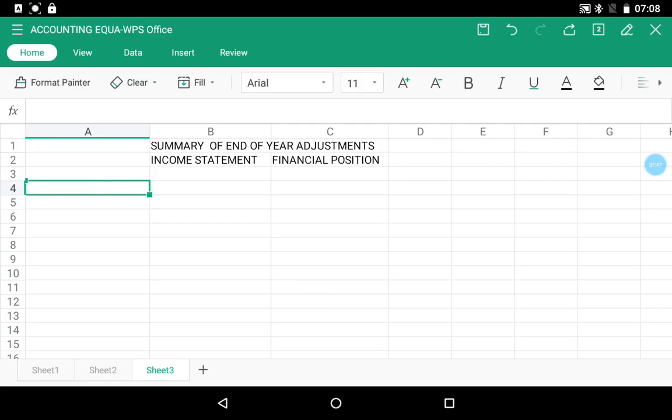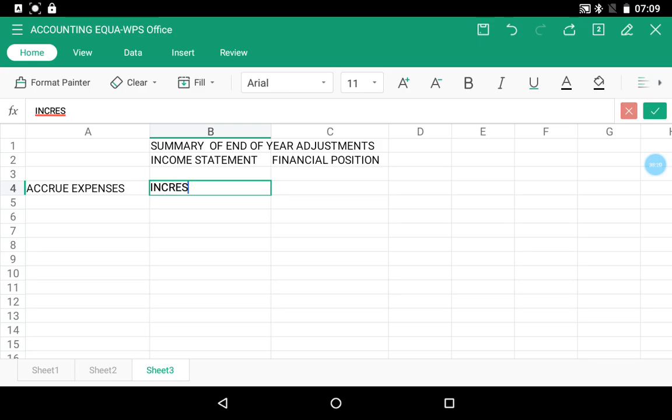Let's start with accrued expenses. Here they increase the value of expenses under income.